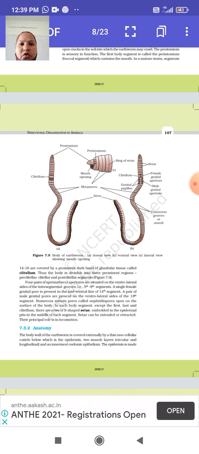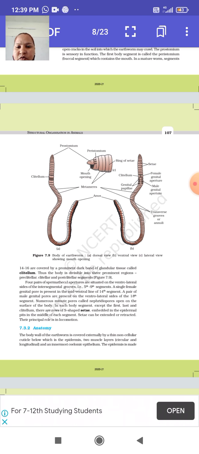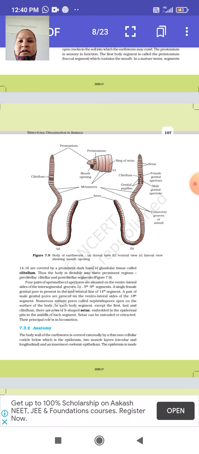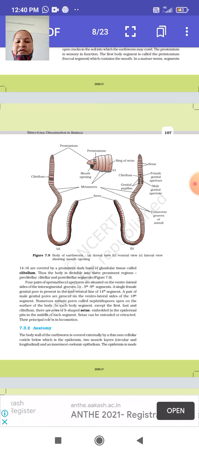In a mature worm, segments 14 to 16 are covered by a prominent dark band of glandular tissue called clitellum. Now, if the earthworm becomes mature, then at segments between 14 to 16, there is an area called clitellum present, and basically it is covered by a dark band of glandular tissues.